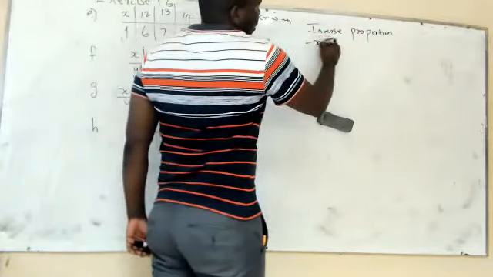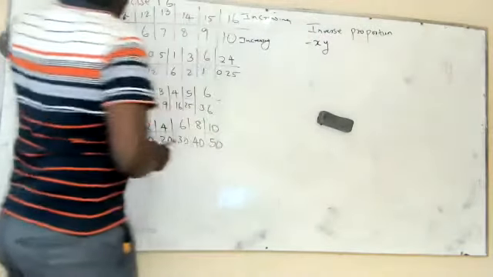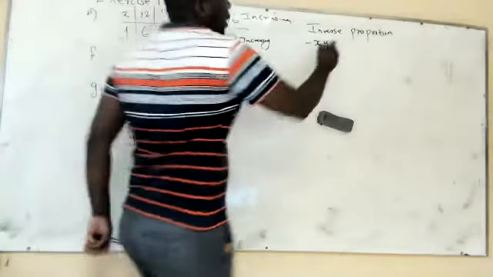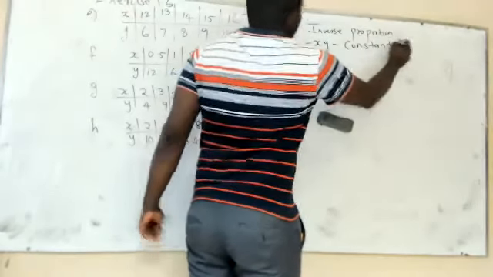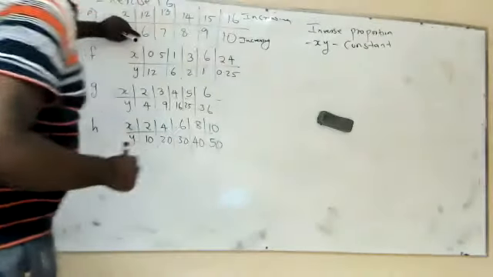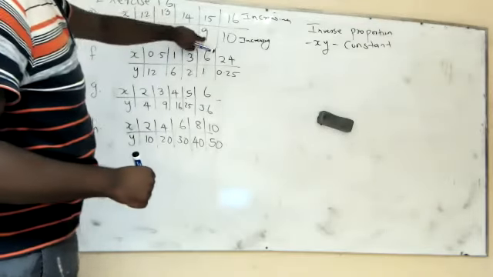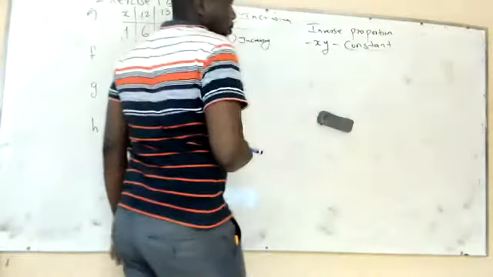The first important point you must take note of is that when you multiply the values we have on X with the values we have on Y, they must give you the same number. For example, if you multiply 12 and 6, 13 and 7, 14 and 8, 15 and 9, they must give you the same answer. That's when we say it has a constant product.